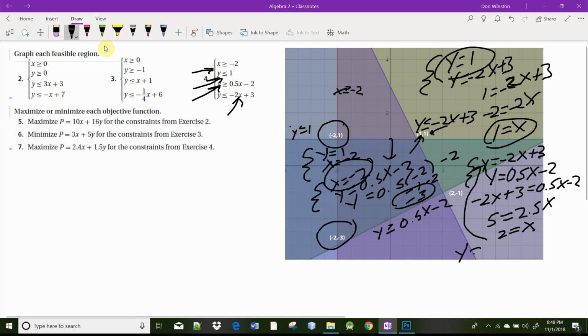So y equals -2 times 2 plus 3. So -4 plus 3, -1. So y is equal to -1. So there it is. y is -1, and x was equal to 2. So I verified all my vertices. Okay.